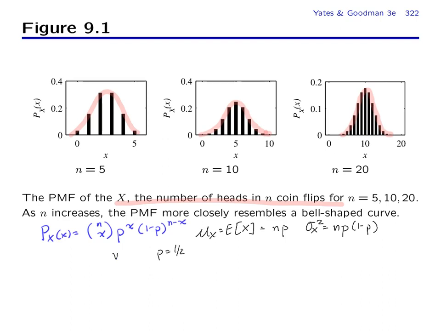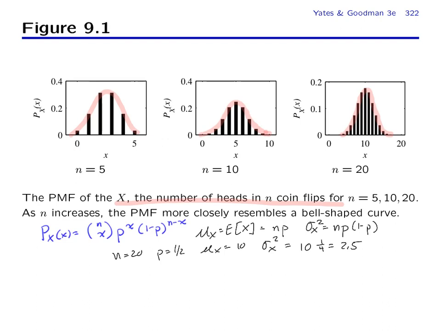So for n equals 20, we get mu_x equals 10 and sigma_x squared, the variance, equals 10 times 1/4, which is 2.5. And when we say that the binomial PMF has kind of a bell-shaped curve, we're saying that it's approximated by a Gaussian with the same mean and variance.